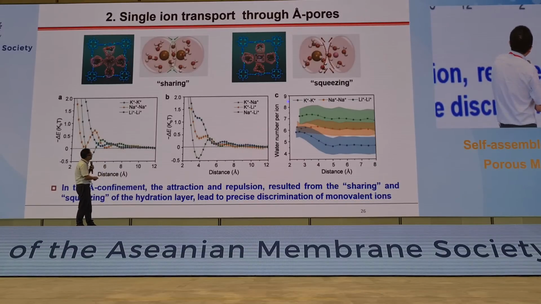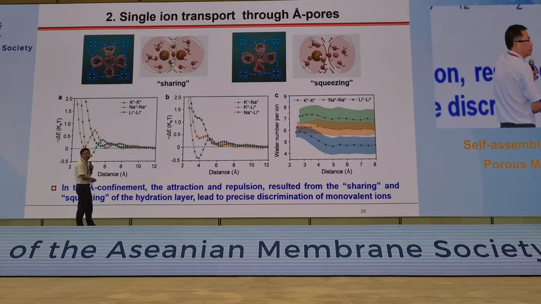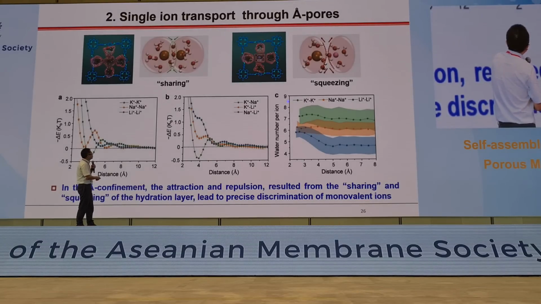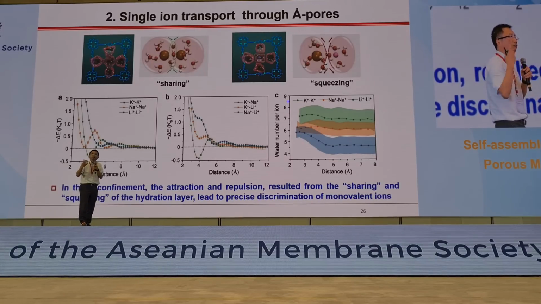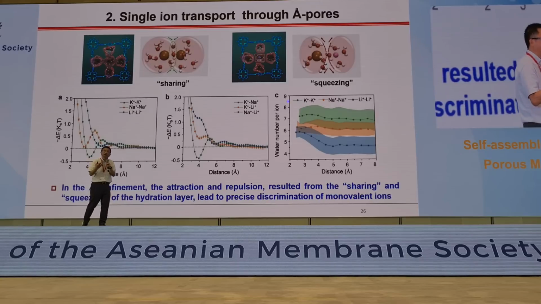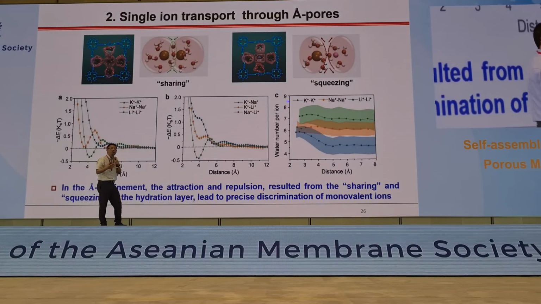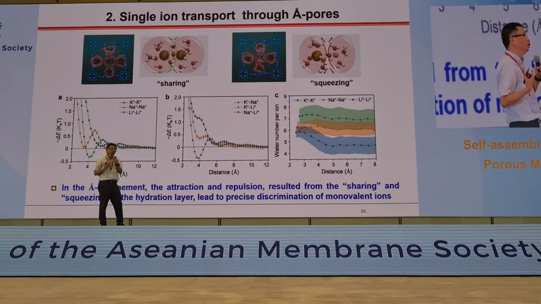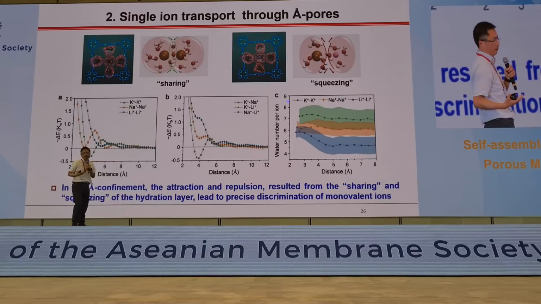For example, we first absorbed potassium ions onto the walls. Then we found the sodium also became attracted. So as we said, if we introduce a large type of ion that is first absorbed onto the pore walls, we can also tune the interaction or selectivity of larger ion transport.